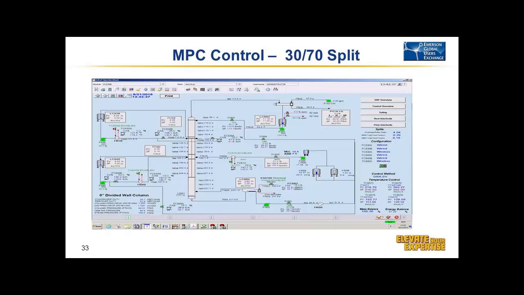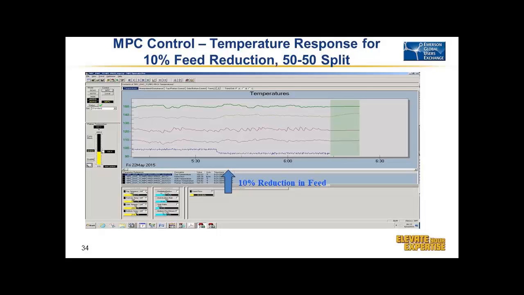Here on the screen we showed which measurements were wired and which were wireless, and overall just a typical display for control operation. We made a bump during MPC operation in the feed. There was a 10% reduction in feed, trying to see how MPC performs, and that's our model. As you may see now, there were no significant changes in temperature trending here.